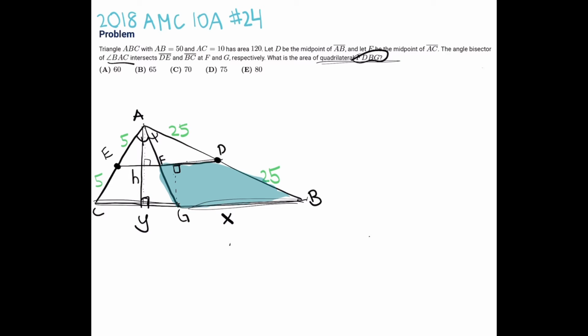Okay, so that's how we calculate the area. Again, this triangle ADE and triangle ABC are similar. They have a ratio of 2 because 5 times 2 is 10.